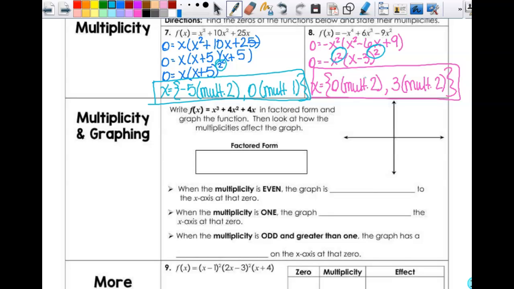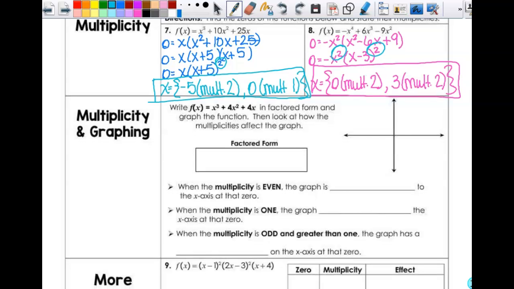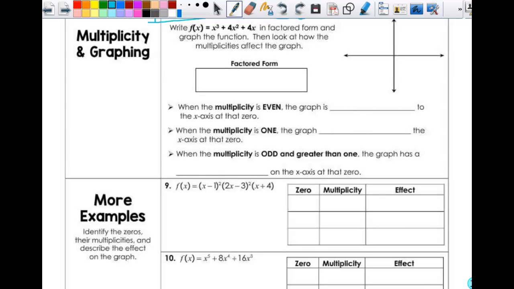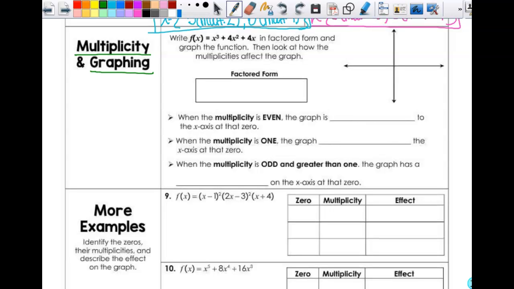All right, so let's look at our multiplicity and graphing, which is basically what we did last Thursday and Friday, but we're just kind of restating it and using some of the actual terminology and connecting it to the actual factoring. So it says we're going to write this function in factored form and graph the function. Okay, so I need to factor it first. When I factor this, I'm going to factor out the x first.